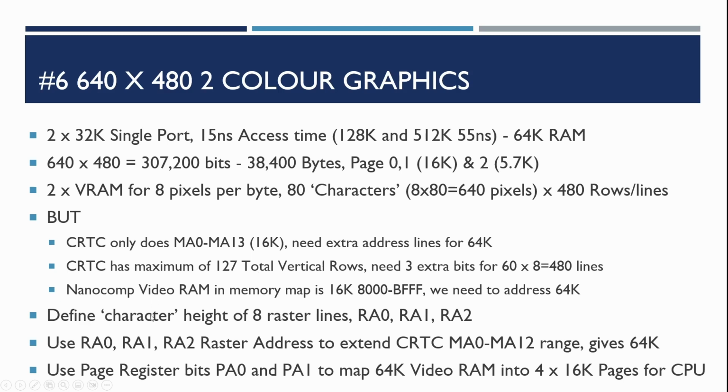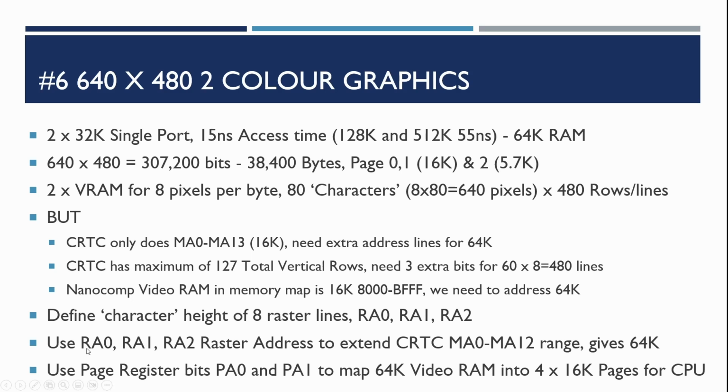So we're going to define the character height as 8 raster lines, so that uses the RA0, RA1 and RA2 outputs from the CRTC, and this is normally used to control which is the current raster line of the character generator RAM that we're outputting for the current selected character.